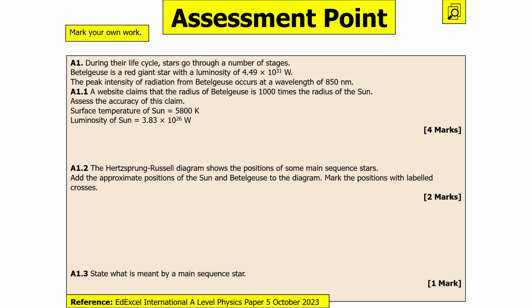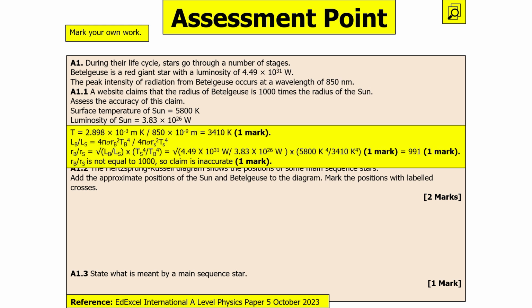Right, for this first one, what we're going to do is work out the temperature of Betelgeuse, and we can do that because we've got the peak wavelength. So we can use the Wien displacement law to work out the temperature of Betelgeuse. Then we can work out the luminosity of both Betelgeuse and of the Sun.